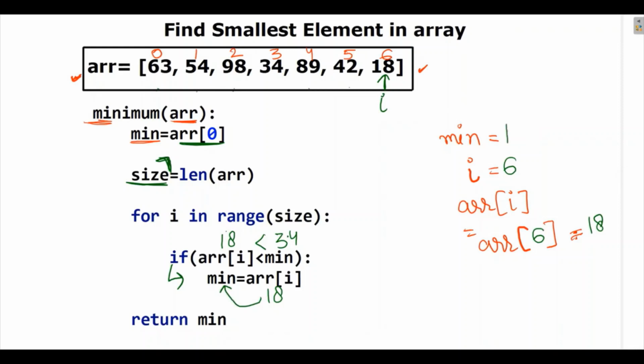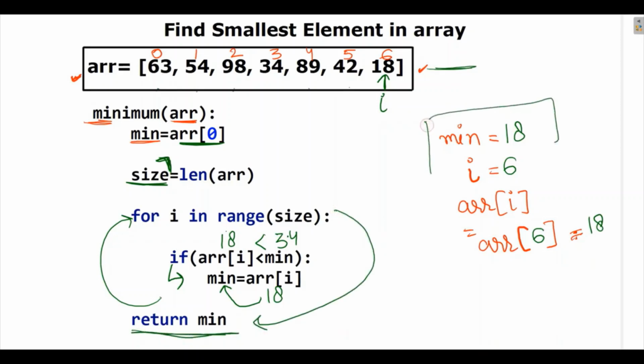So min will have 18 and then it will go to for loop. This time we don't have any element in array. So it will come out of the loop and min element will be returned as 18. So this is how we can calculate largest and smallest element in an array.